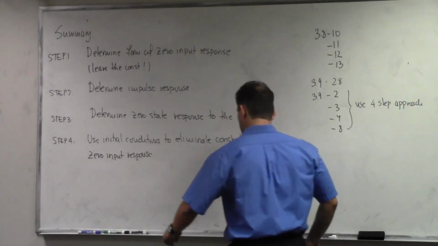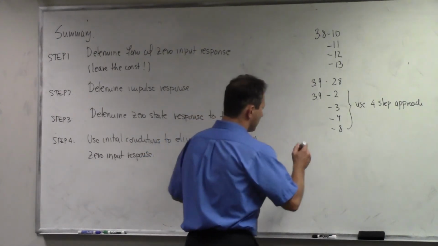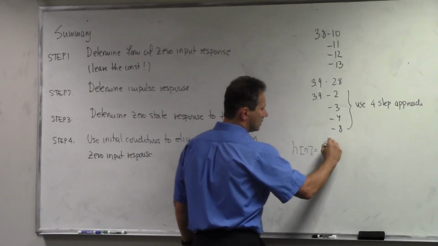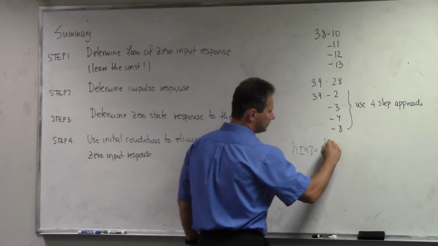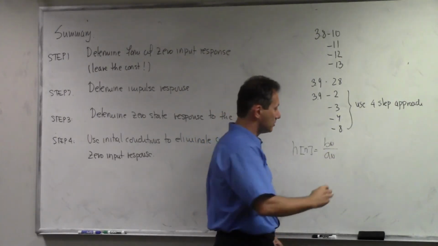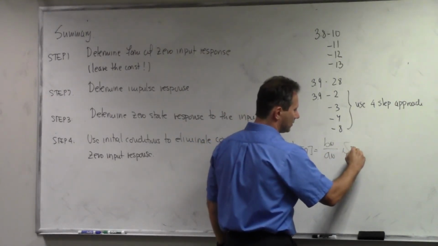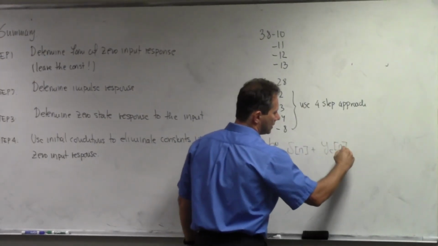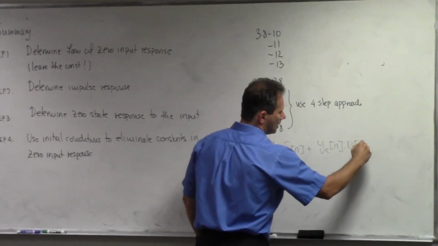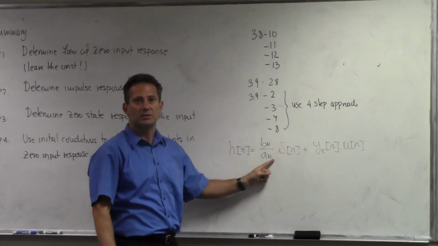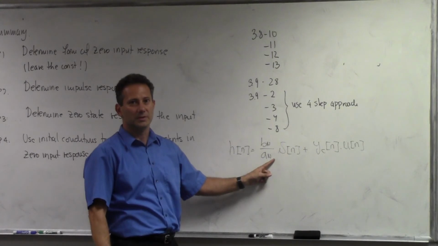Remember, the impulse response has the following form: h of n is equal to Bn over An times delta of n, plus this Yc of n times U of n. This is trivial. You determine this part straight from the two polynomials.